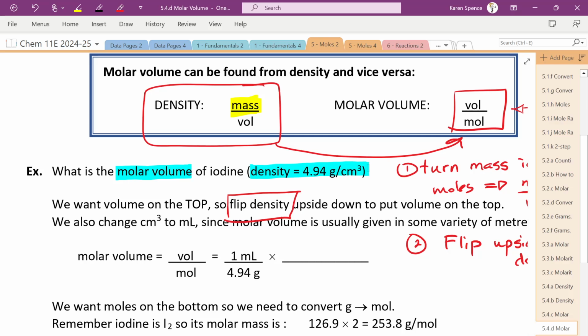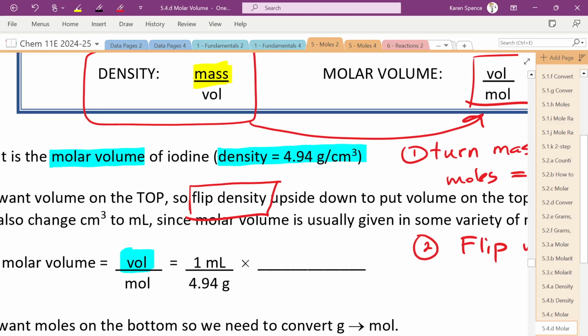I want molar volume. Molar volume has volume on the top. So I'm going to put my centimeters cubed. And remember, 1 centimeter cubed is equal to 1 milliliter. So I put my milliliters on the top. And I put my grams on the bottom because I know that I can convert grams into moles.